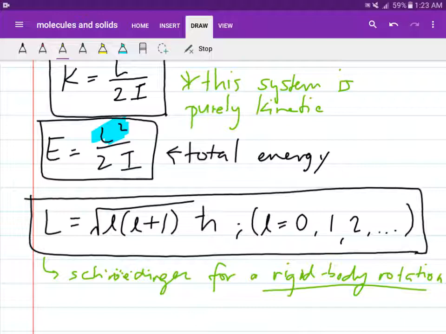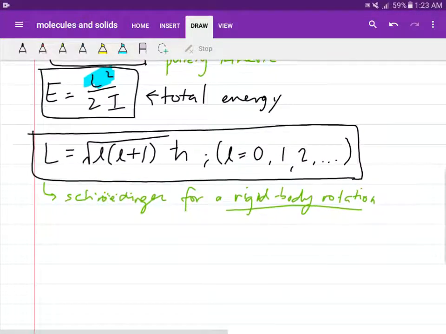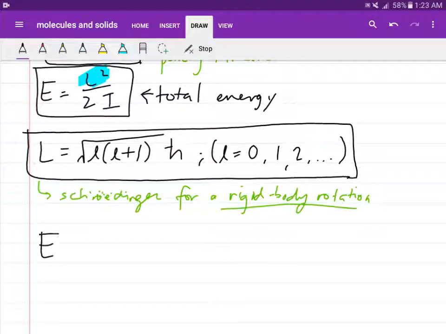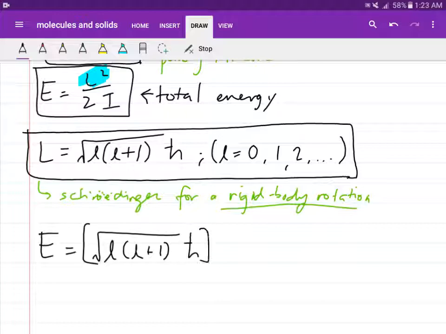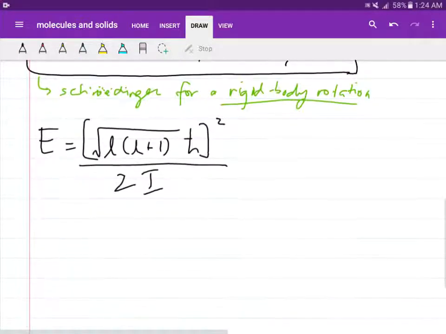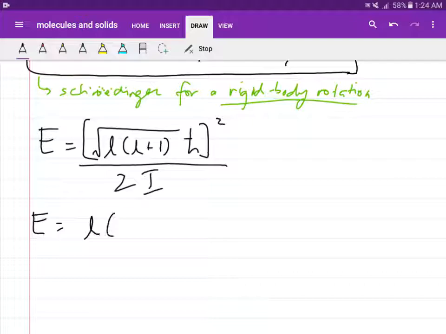So what happens to our total energy if our angular momentum is quantized? E now becomes L times L plus 1, times h bar squared, over 2I.